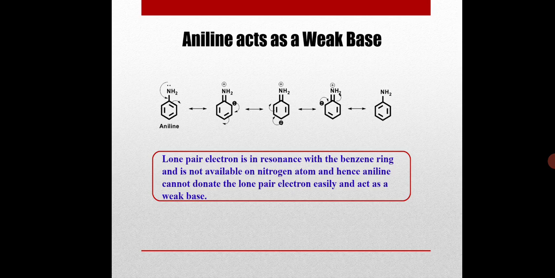And since the lone pair is not available on nitrogen, obviously it will act as a weaker base compared to ammonia and cyclohexylamine. So that is the reason why aniline acts as a weak base.